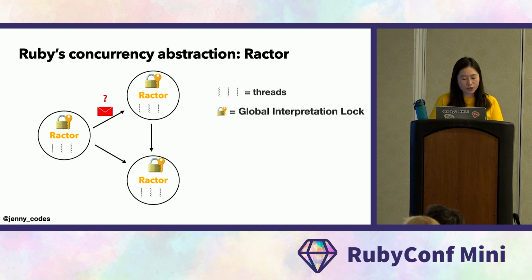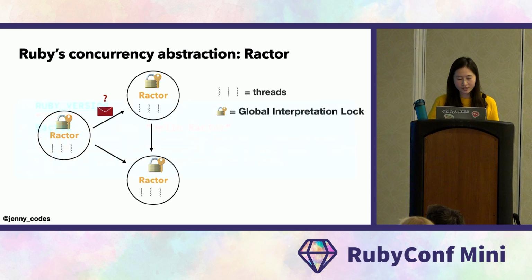A Ractor also doesn't share context with one another. If we want to send an object from one Ractor to another, we need to first make sure that object is immutable. And if the object is not immutable, we will need to either copy the object or move the object before sending the object over.